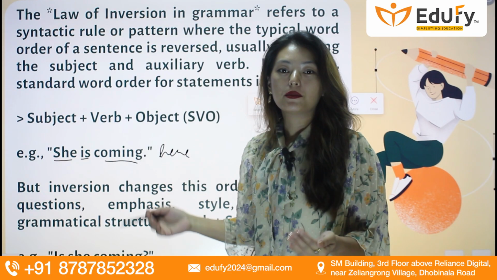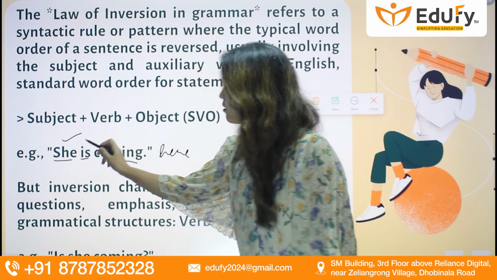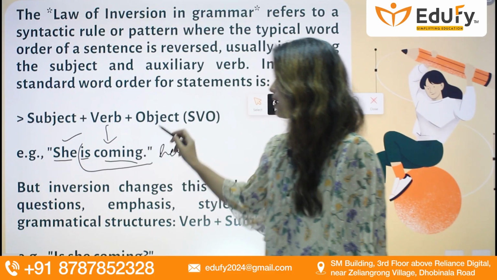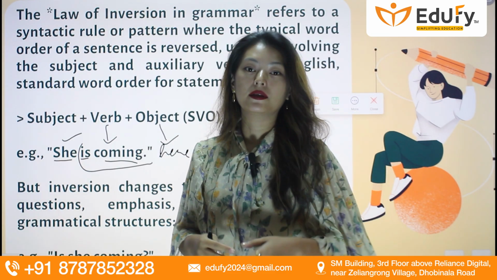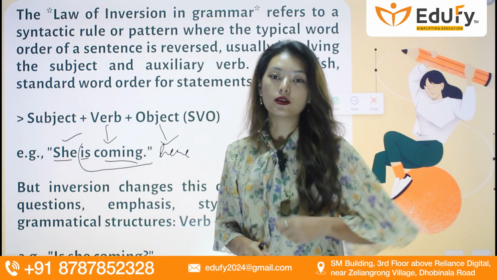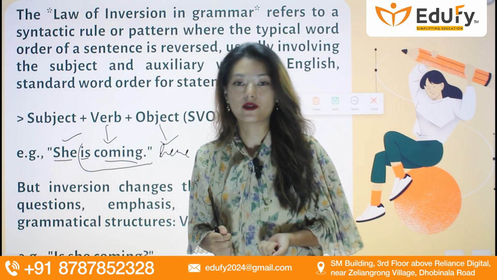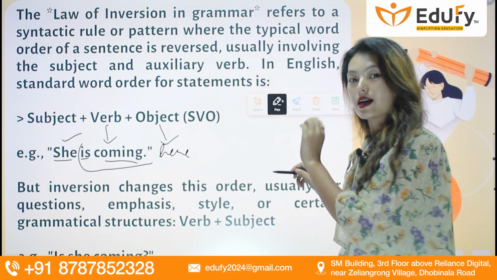But this is a normal statement. We have a subject that begins the sentence followed by the verb and then the object if you want to. So this is a normal statement that we majorly use in all the basic structures and statements that we speak or write. That is the basic sentence as we talked about.